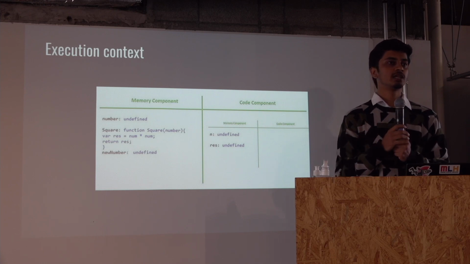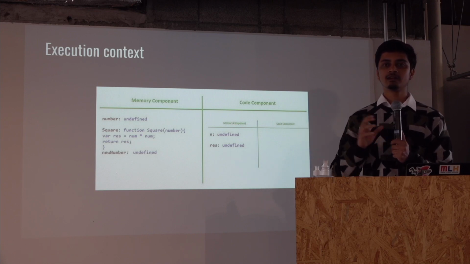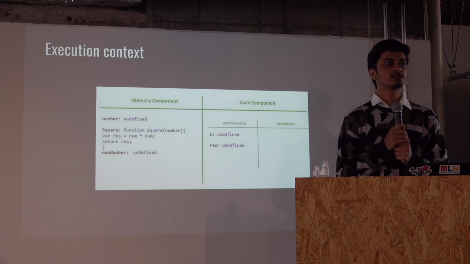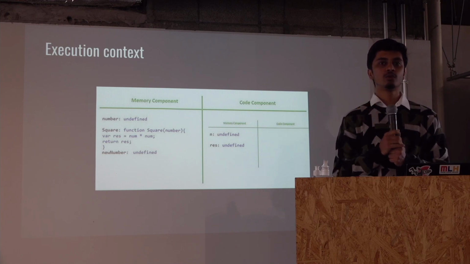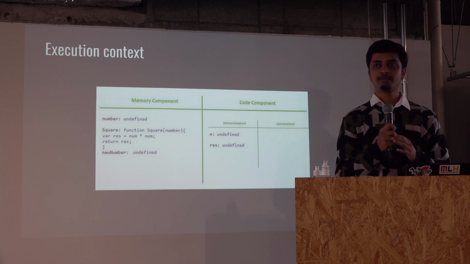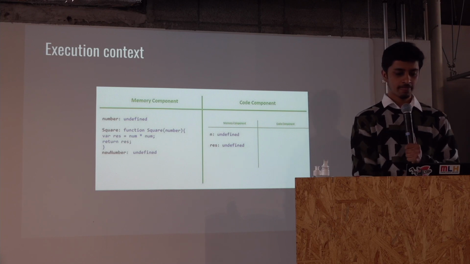The memory component essentially consists of your variables and objects, which are initially assigned no values; they are undefined. The code component has all the lines of your code. At runtime, while going through the code component, the engine or the compiler assigns the types to these memory component variables and objects as per the type feedback and whatever you have assigned in your code base.